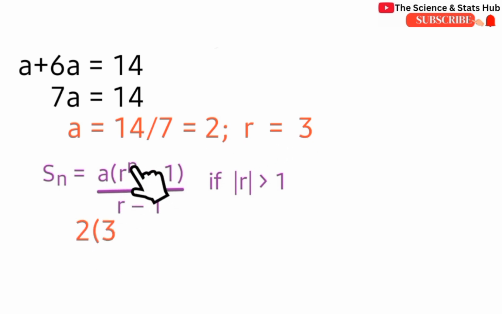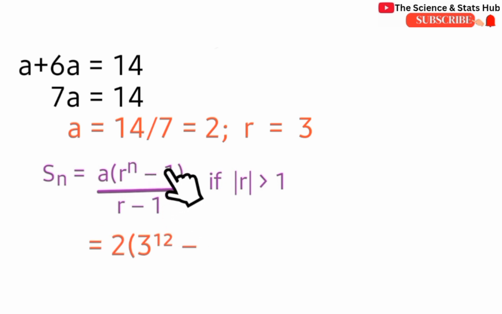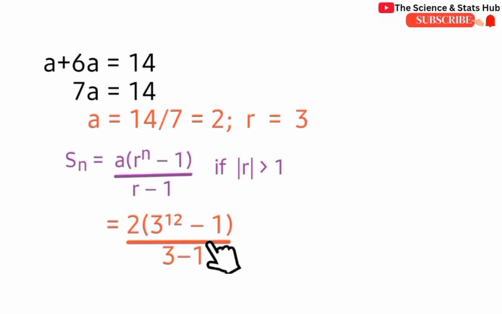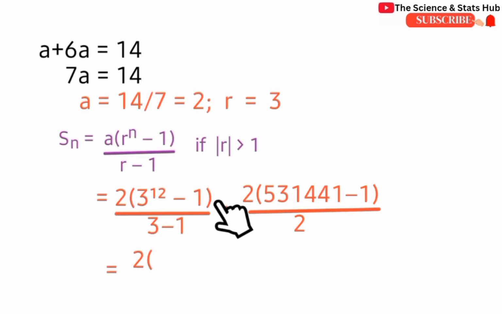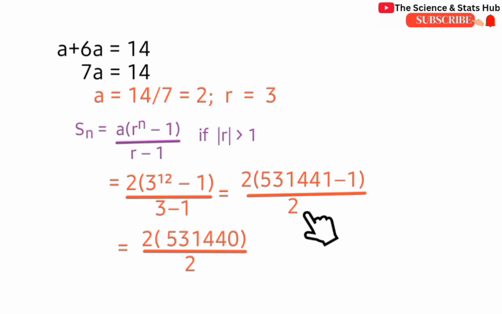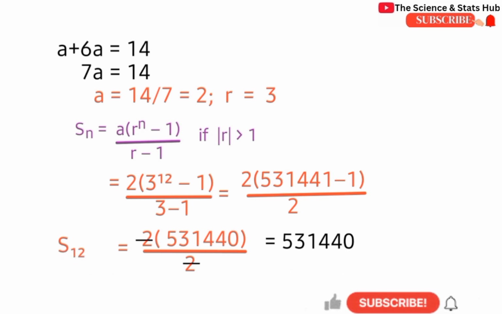Our n value is 12 since we are asked to find the sum of the first 12 terms. 2 multiplied by 3 raised to power 12 minus 1, divided by 3 minus 1, equal 2 multiplied by 531441 minus 1, divided by 2. The 2 at the numerator eliminates the 2 at the denominator. So the sum of the first 12 terms of the exponential sequence is 531440. I hope this video is clear enough.